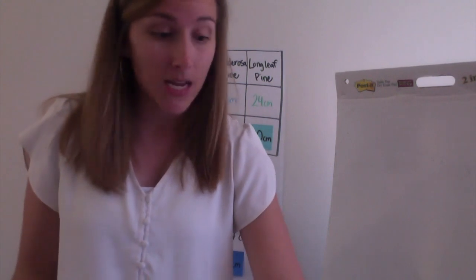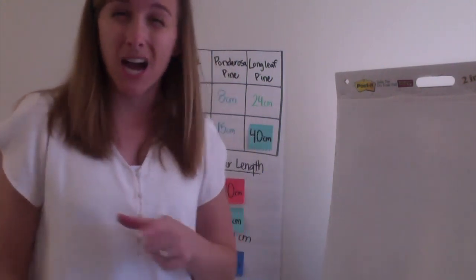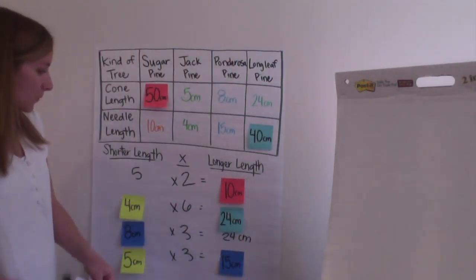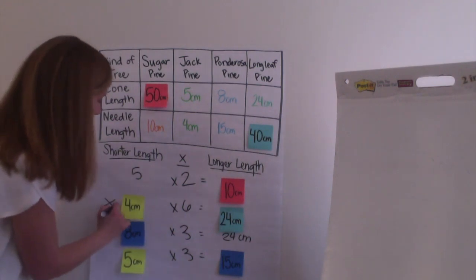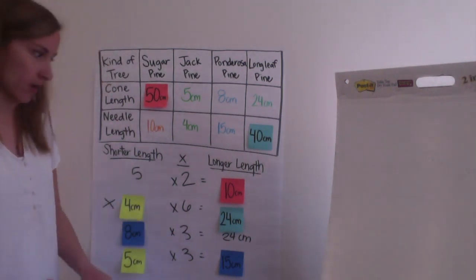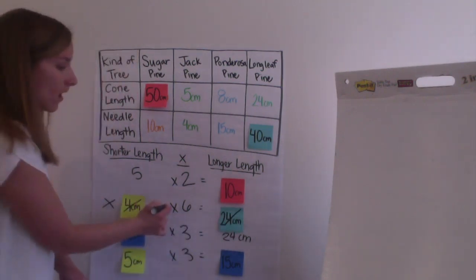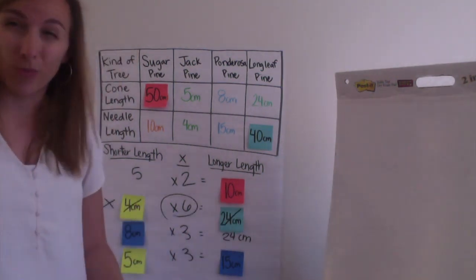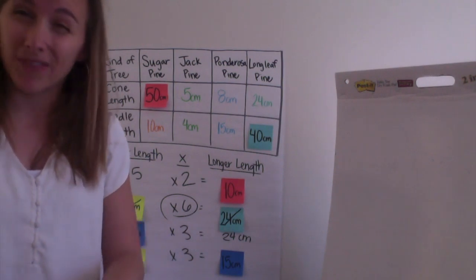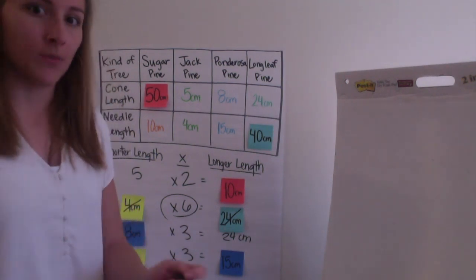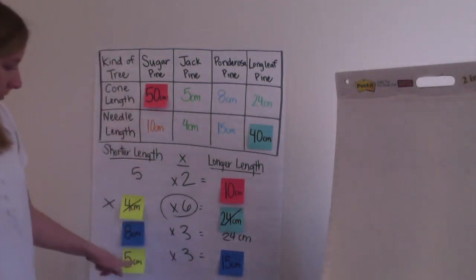It had to be no more than 5 times. So this would be the only one that would not work in that scenario. This one would not be a good pair because of this times 6. Remember the rule, it had to be less than 5 times as many. So that one wouldn't work, but all these other ones would.